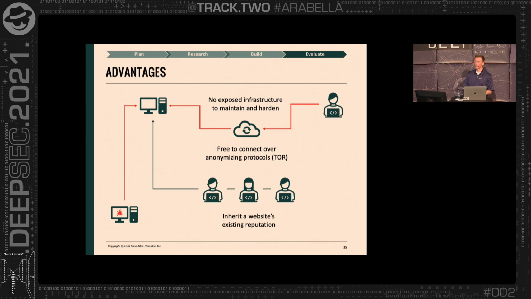Any logs that are on the web server could easily be to a Tor exit node. And finally, we're not beaconing to a new strange IP address. We're beaconing to a very public website, a very popular website that a lot of people, maybe even the same network that we're targeting, are also beaconing to. So we inherit that website's existing reputation.